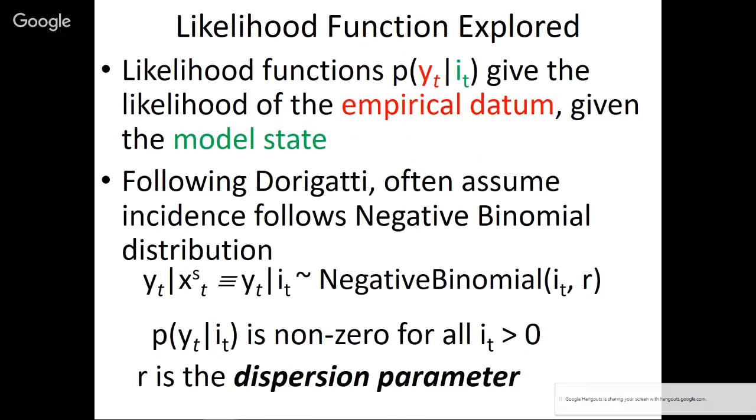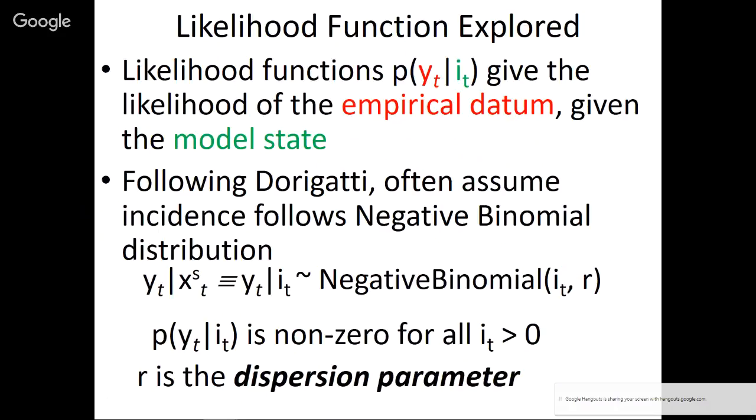But it bears noting that this likelihood function, which I call here P of the probability of observing y of t given the underlying state of the model, but in the previous slides more generally was called G, gives the likelihood of observing what we see from the world at the current time given the posited state. The choice of this is very important within the model.